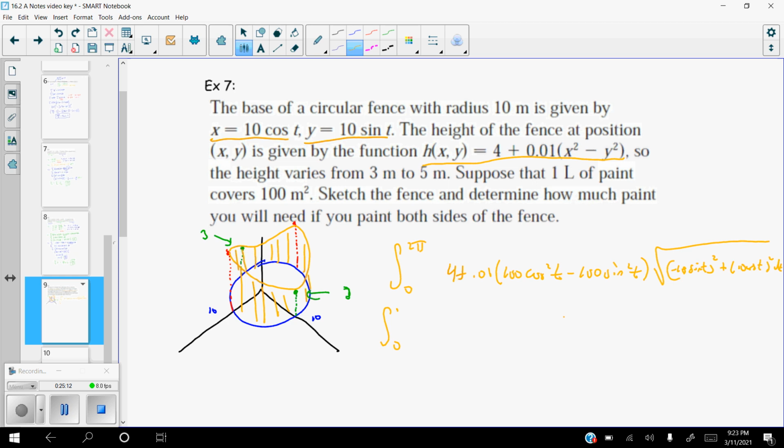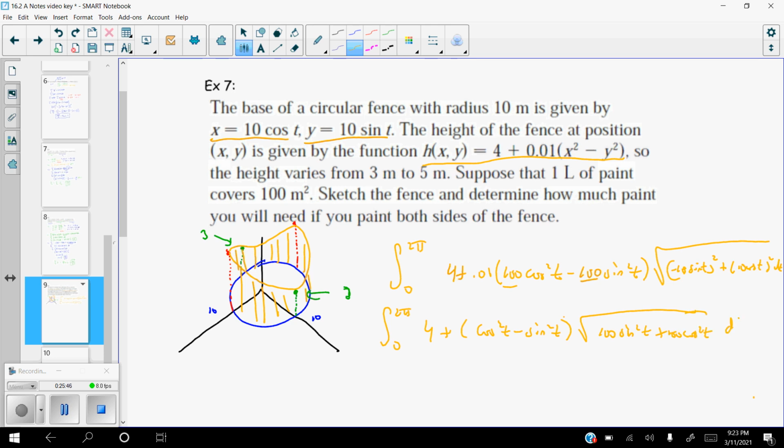I definitely want to simplify this before I try and integrate. So I got 4 plus, I can factor the 100 out of here and multiply it by the 0.01 on the outside, and that's just going to give me cosine squared of t minus sine squared of t, because the 100 times the 0.01 is 1. This piece, if we square everything, gives 100 sine squared t plus 100 cosine squared t.